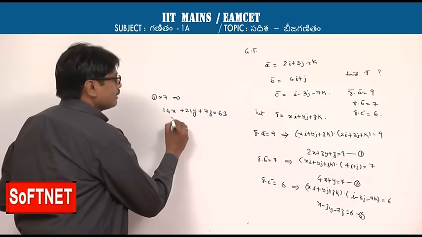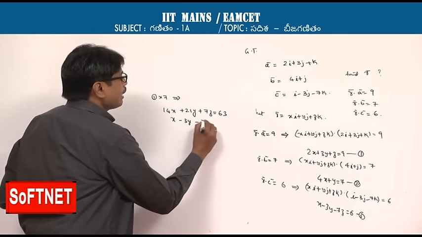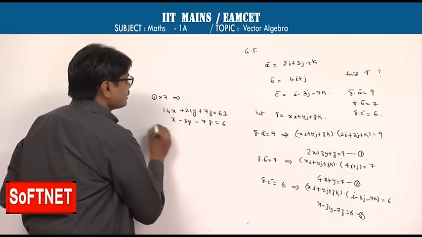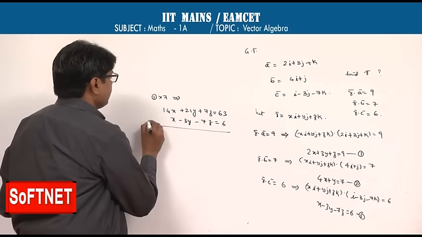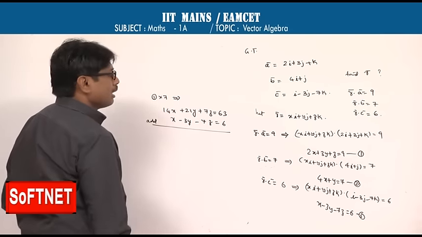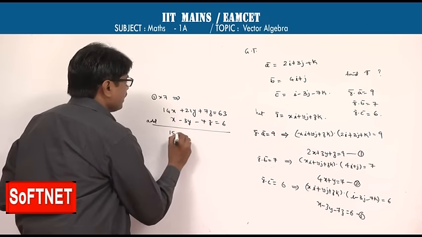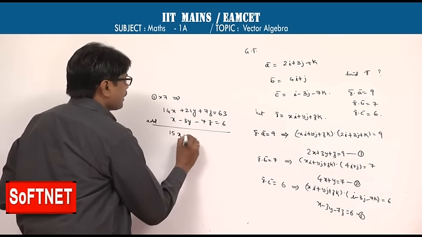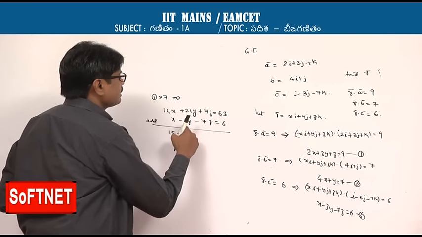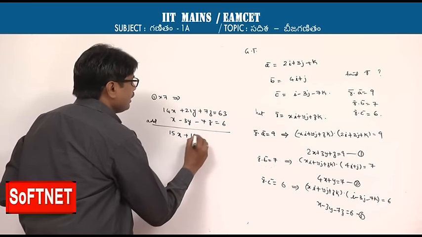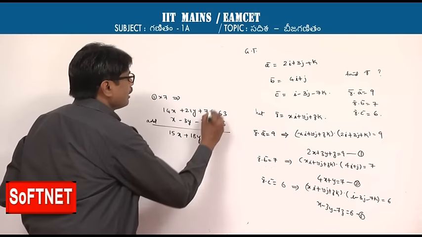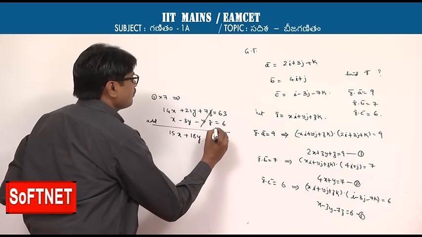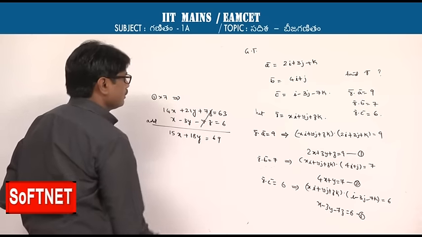The third equation is x minus 3y minus 7z is equal to 6. Add these two. On addition we get 15 times of x plus 21 minus 3, that is 18 times of y is equal to 69.